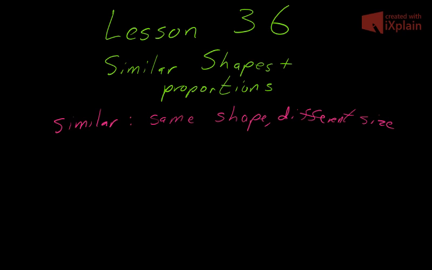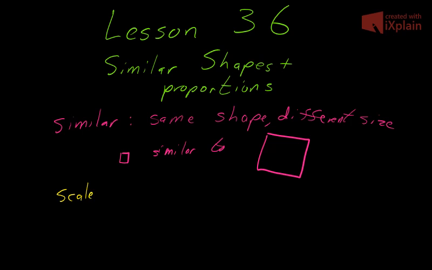So when you think similar, you can think of a little square being similar to a big square, because they're the same shape but a different size. Something really cool about similar shapes is that they'll have a scale ratio or a scale factor.